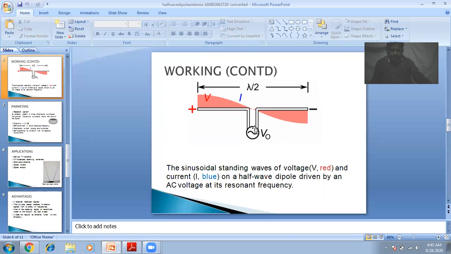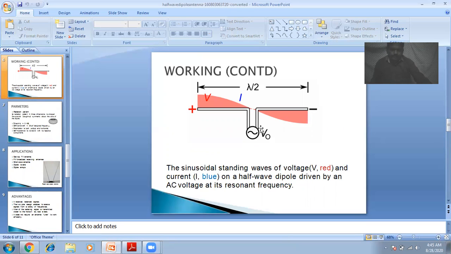Our coaxial cable will not be connected directly because it is an unbalanced transmission line. Therefore, in order to connect our coaxial cable here, we require a balun. We will connect a balun, and with that we can connect our coaxial cable to this antenna.